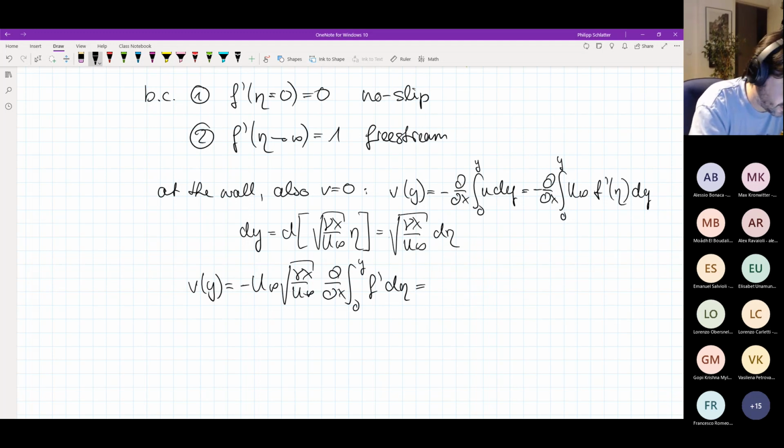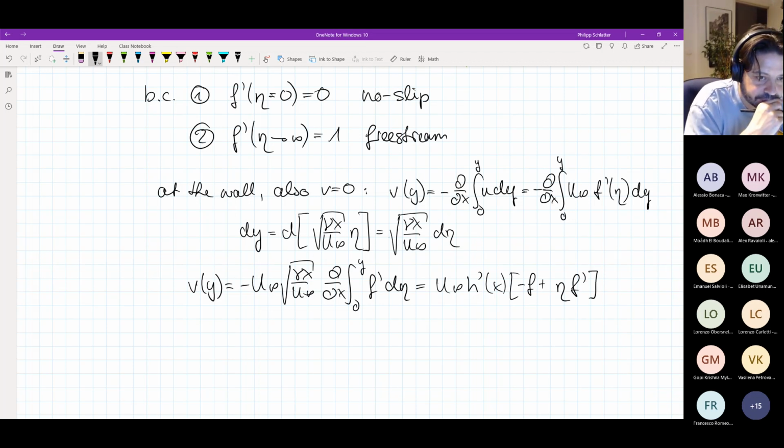And of course, this becomes now u infinity times h prime, using definitions from before, h prime of x times minus f plus eta times f prime. Okay, so this is now what v of y is as a function of h and f prime.